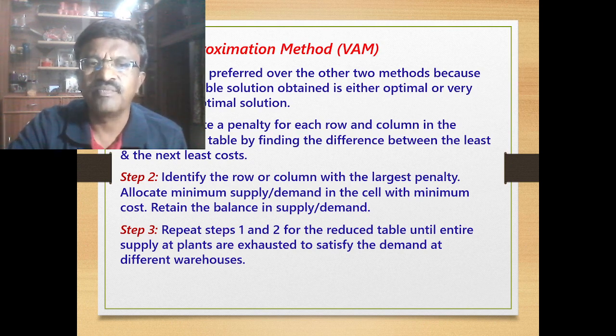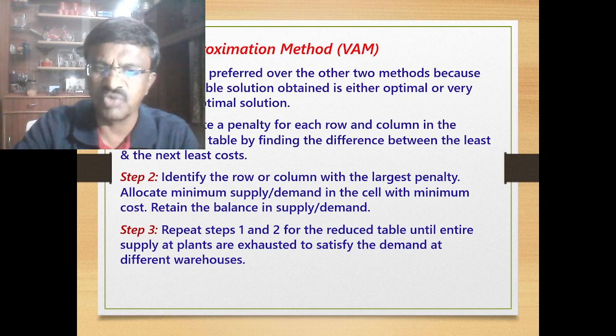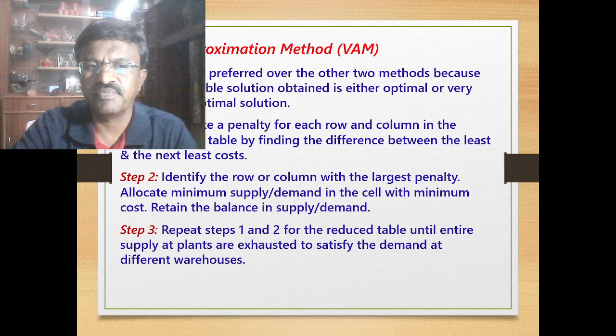In step 2, identify the row or column with the largest penalty. Then allocate the minimum of supply or demand, whatever it is. If supply is minimum, you take that many units, or if demand is minimum, you take that many units, in the cell with minimum cost.